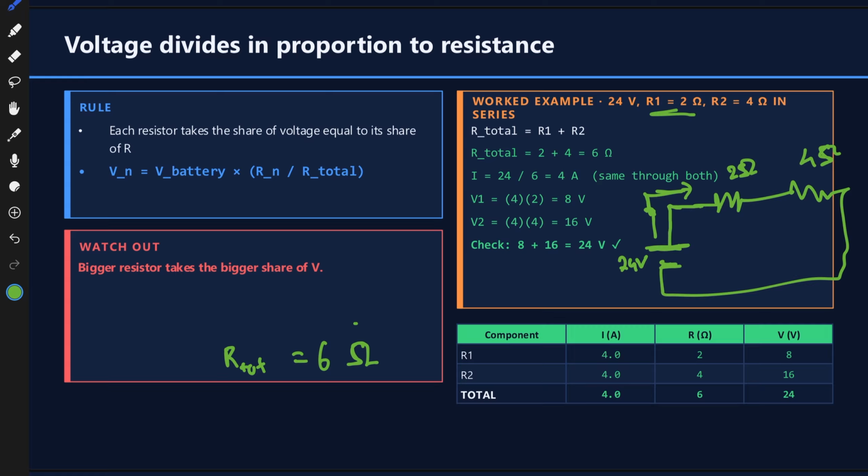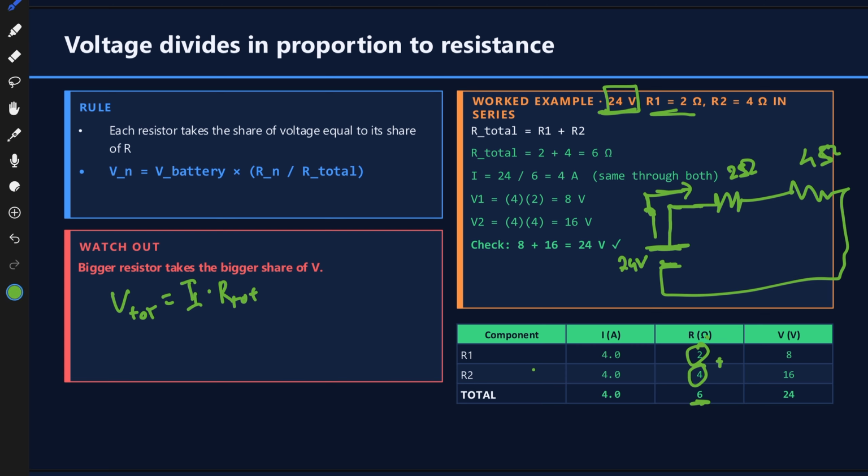So this is where our IRV chart comes in handy. We know resistance 1 is 2 ohms, resistance 2 is 4 ohms, and the total is 2 plus 4, 6 ohms. And for the voltage, we have 24 volts here. That's our voltage total. Our voltage total is our I times our R total, given Ohm's law.